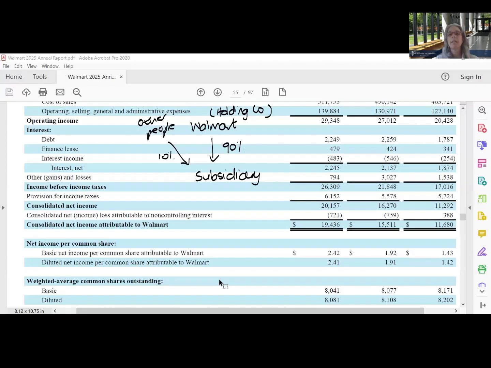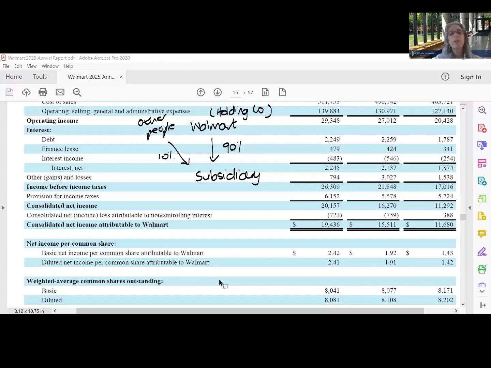And by consolidating them, it basically means you just add everything together that's sitting at the bottom. So Walmart will have, let's say, a store that's a subsidiary, and they own 90% of that subsidiary. Someone else owns the other 10%.